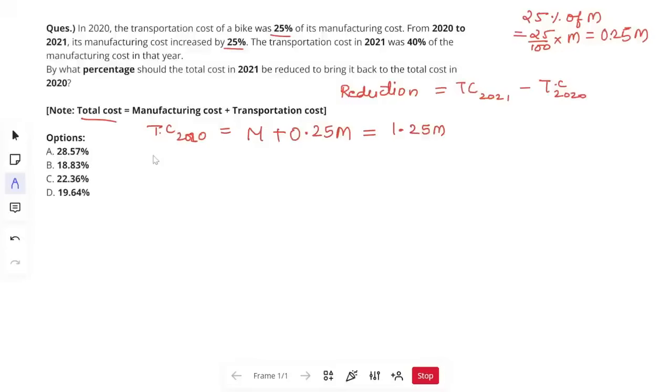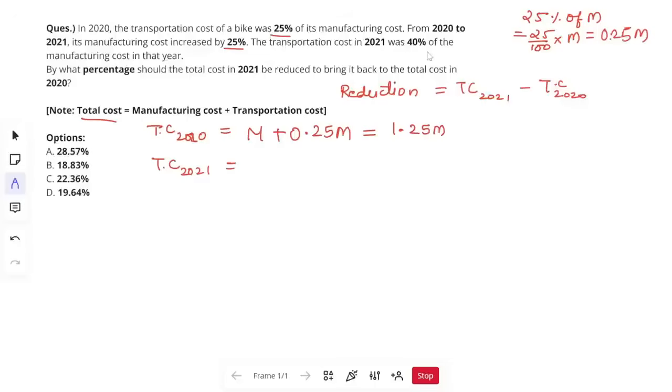Now let us calculate the total cost in 2021. In order to calculate the total cost, what do we know? We need to have manufacturing cost and transportation cost. Let's see. Manufacturing cost in 2021: from 2020 to 2021, its manufacturing cost increased by 25%. That is what is told to us, right? And then the transportation cost was 40% of the manufacturing cost in that year.